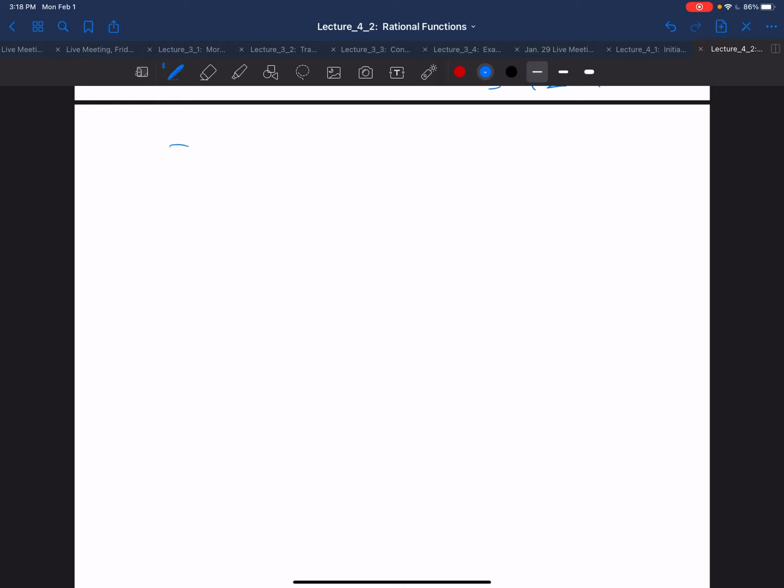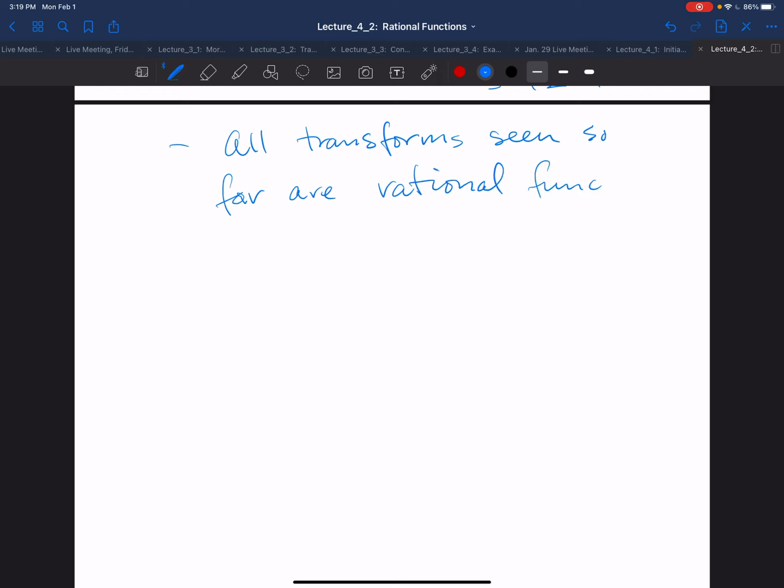So as you've no doubt noticed, most of the transforms that we've seen so far are rational functions. In fact, more generally, they are either rational functions or rational functions multiplied by exponentials in s.